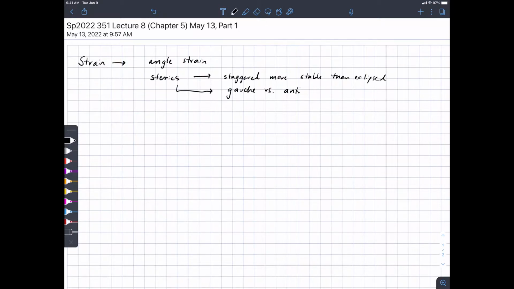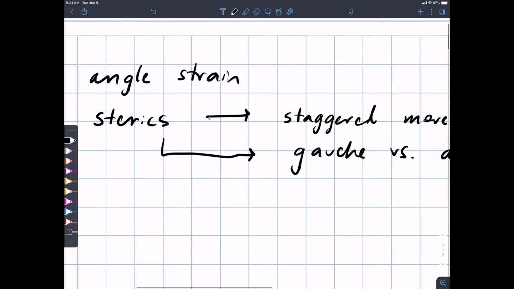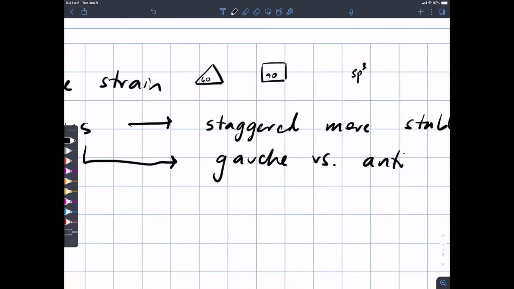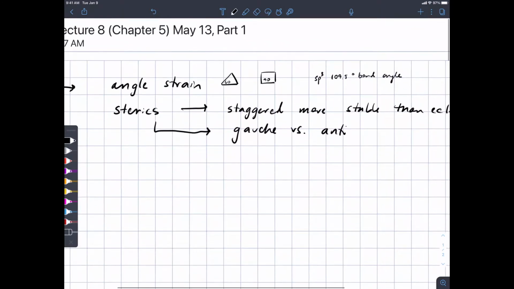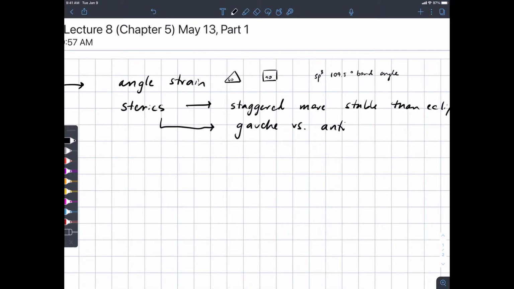One of the ways that it talks about strain is angle strain, and that's related to the fact that in some rings it is impossible to adopt the idealized 109.5 degree bond angle required for sp3 hybridized carbons. So that's what we mean by angle strain.